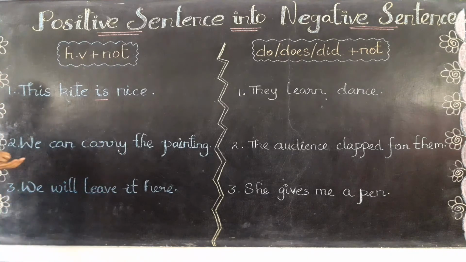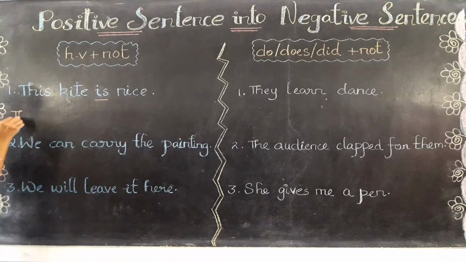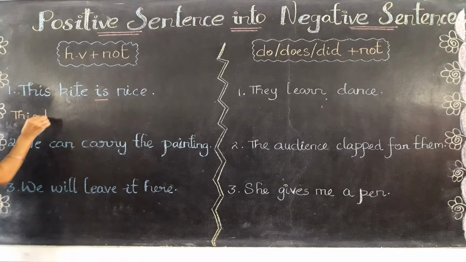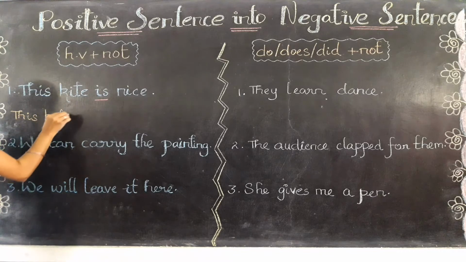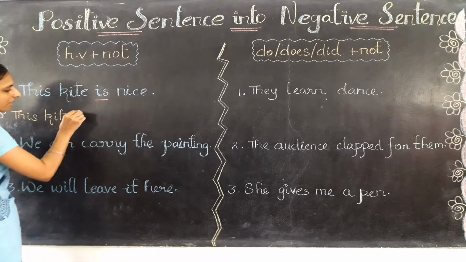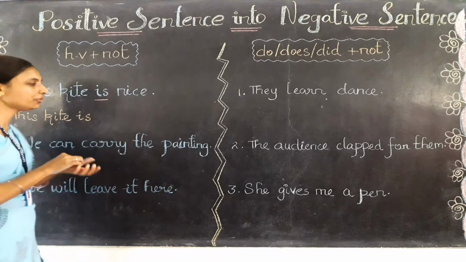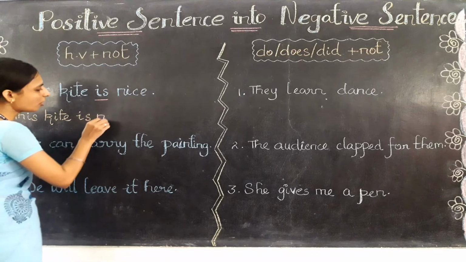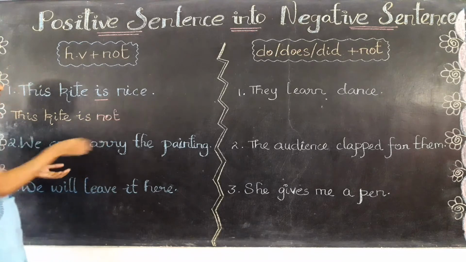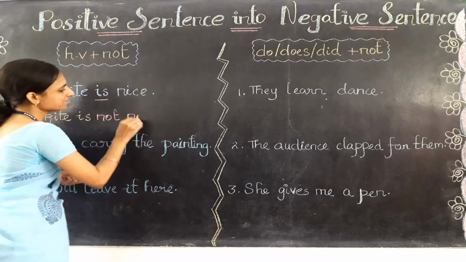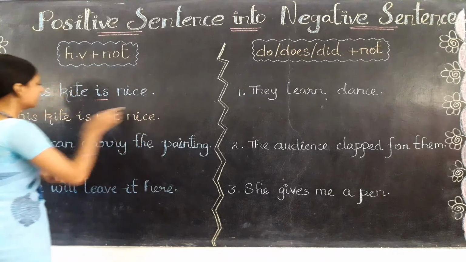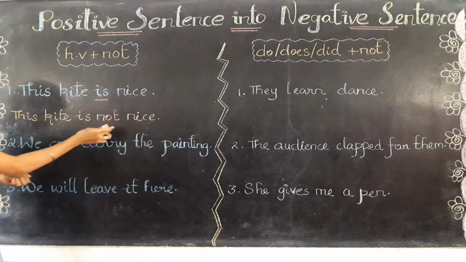So the sentence will become like this: this kite, is will come as it is. What do I need to add to make it negative? Very good, I need to add not and then all the other words: this kite is not nice.